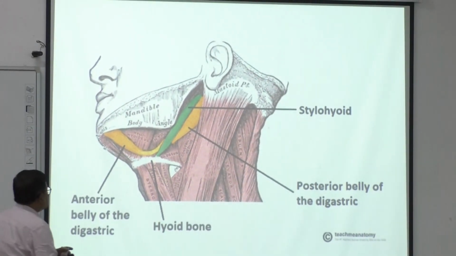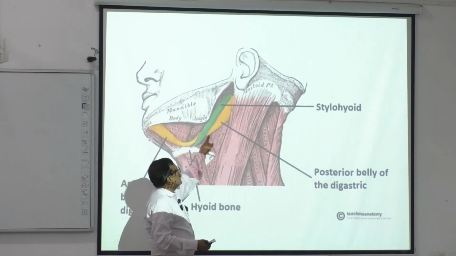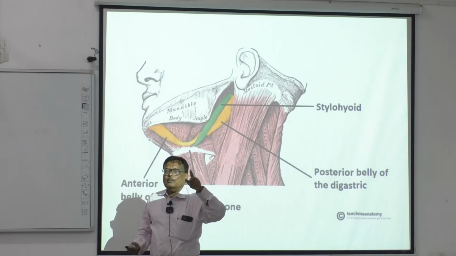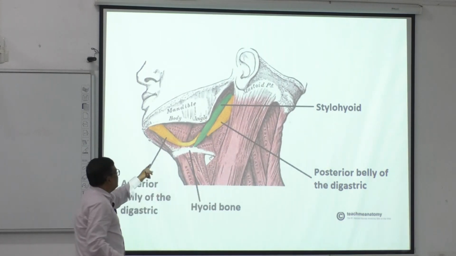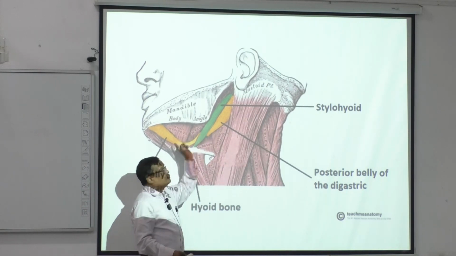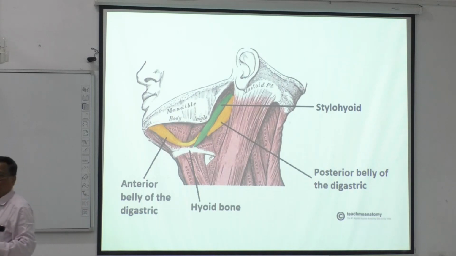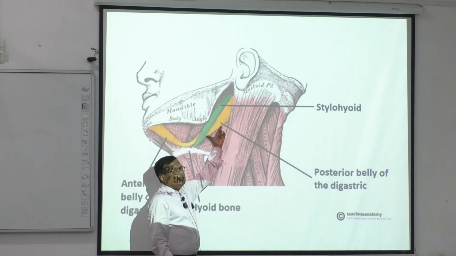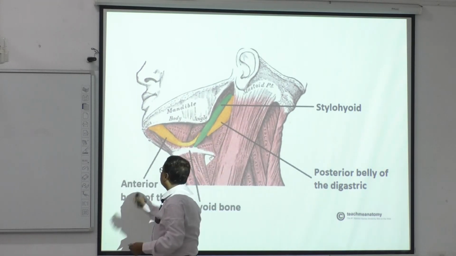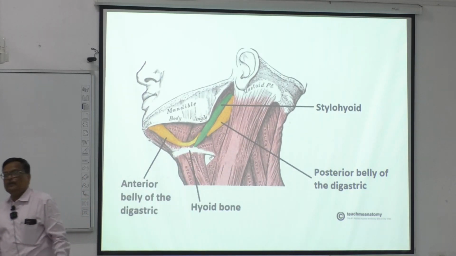Next another important muscle similar to this: the digastric. For omohyoid there was a superior and inferior belly; here it is the anterior belly and, in yellow color, the posterior belly of the digastric muscle, and both are connected by a fibrous pulley.